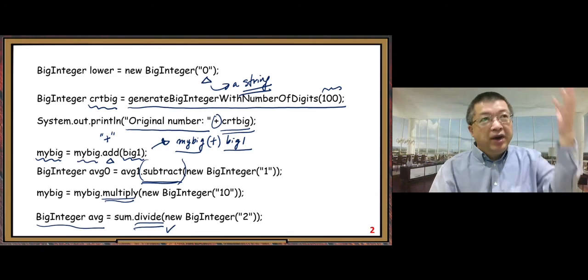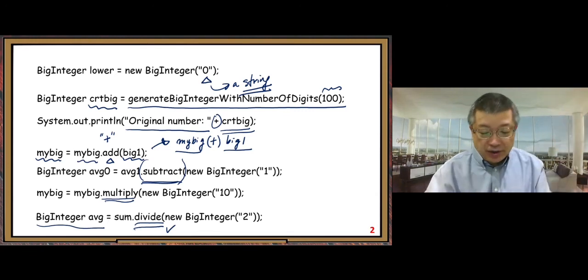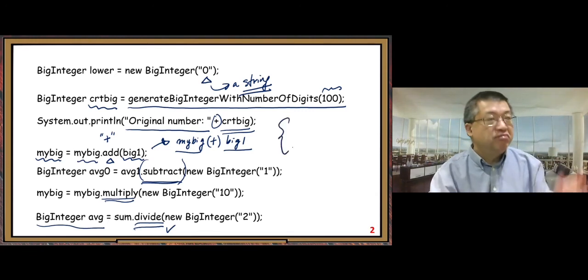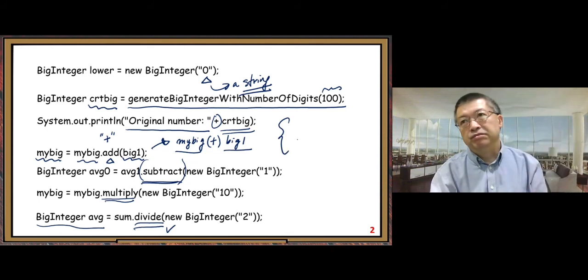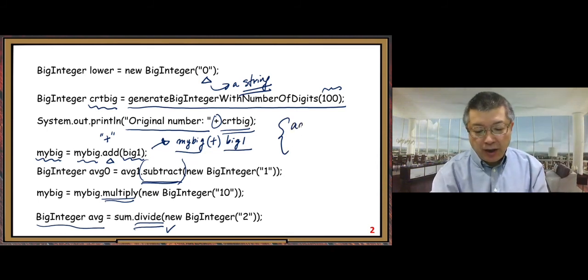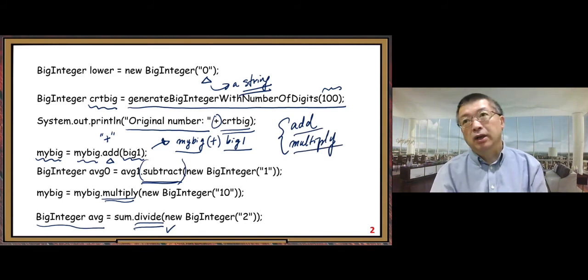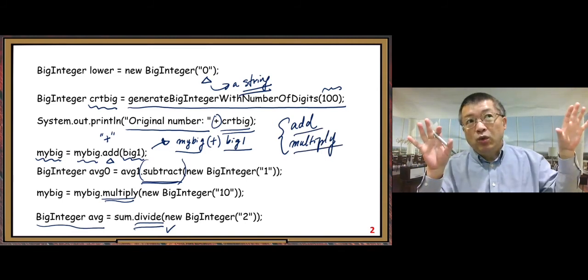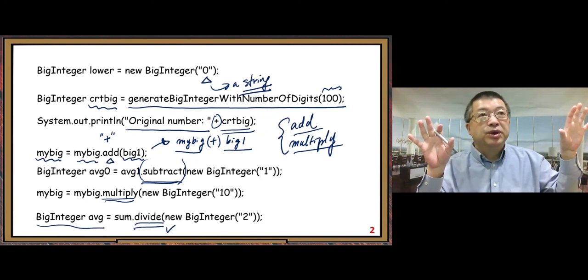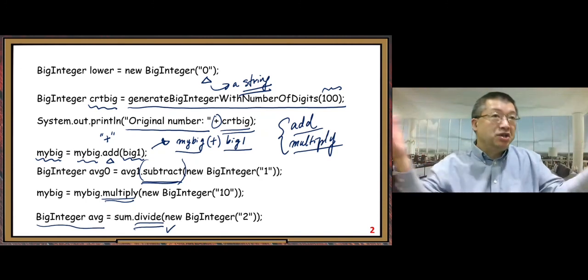But in our current project, we only use two methods: the add method and the multiply method. That's enough, because we just do matrix multiplications, right?